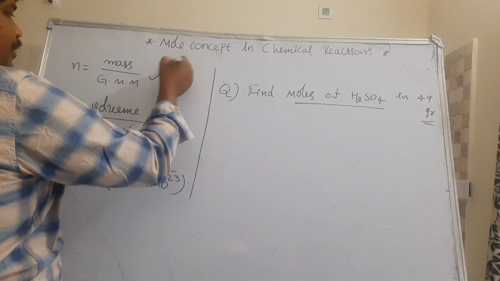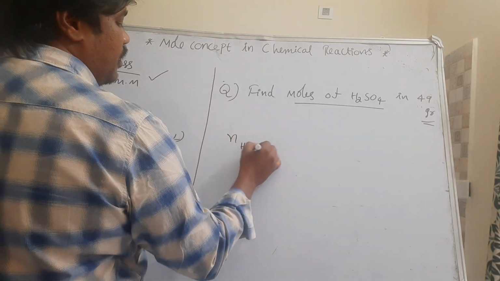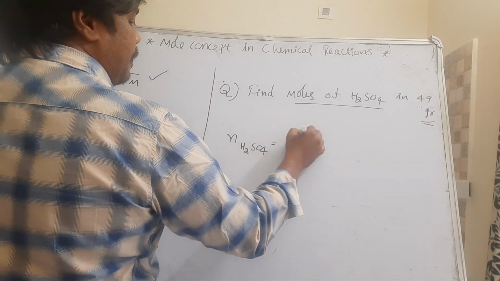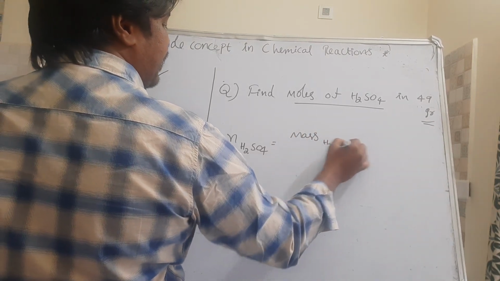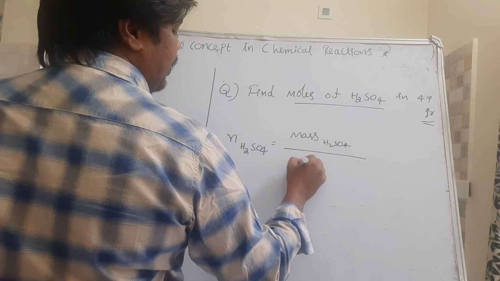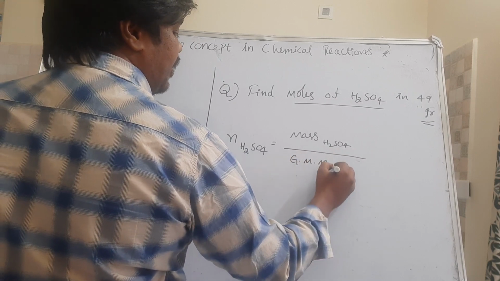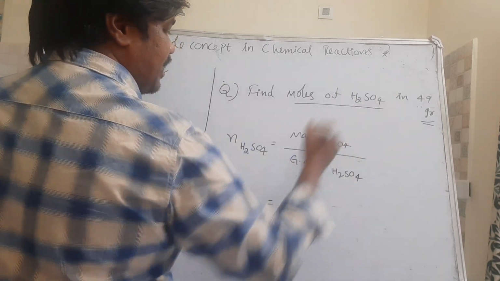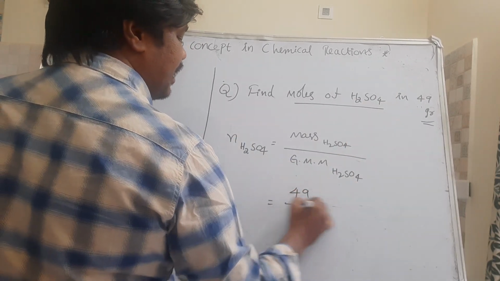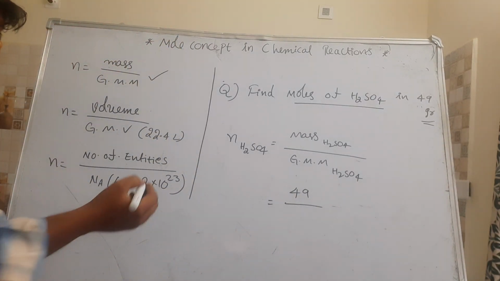We have to use this formula. Number of moles of H2SO4 is equal to mass of H2SO4 divided by molecular mass, otherwise gram molecular mass of H2SO4. So the mass they are giving, 49 grams, divided by gram molecular mass of H2SO4.